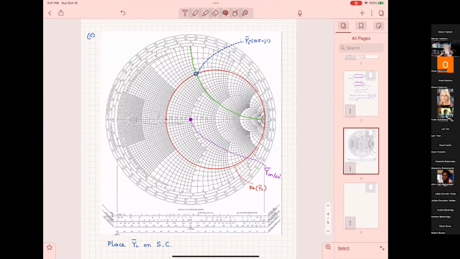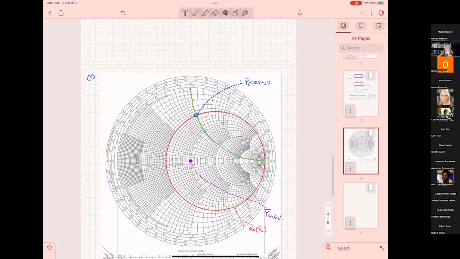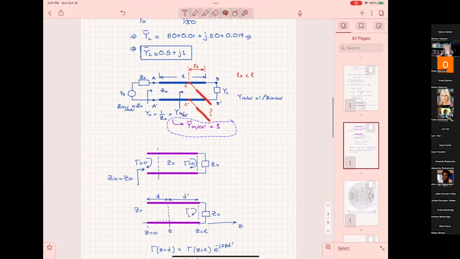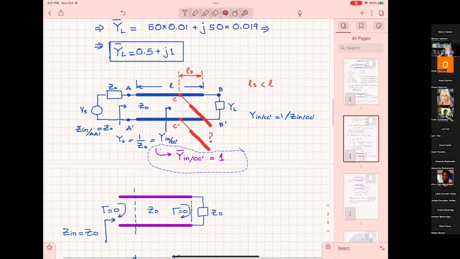Okay, now to remind you, let's go back to some things we've seen before. When I am here, Y L, this part of the transmission line has a reflection coefficient.